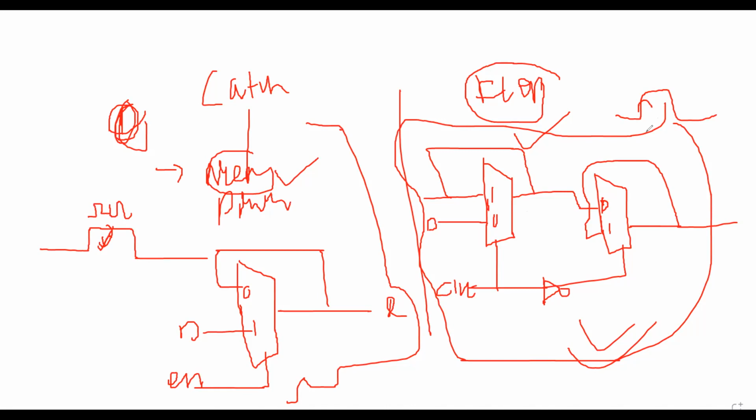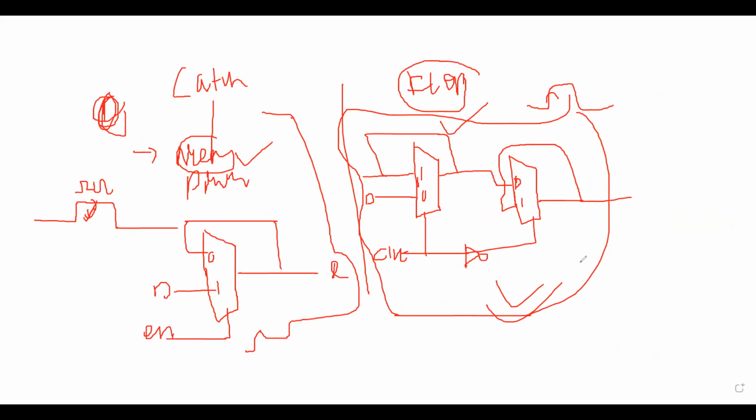Because of the clock signal, we can control it. When we are not using it, we are not applying the clock. But in a latch, once the input is there, the output goes on coming out. So it is because of the control issue. Latch is also a memory element, and flip-flop is also a memory element.